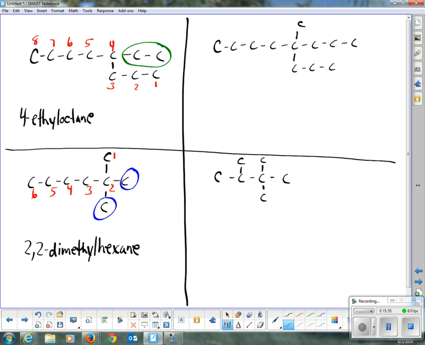Okay, going on to the next one. Longest chain. Okay, well, it doesn't matter which way I choose, but this probably will be the better way to choose. Remember, again, I don't want to pick necessarily the straight chain. You could. It'll give you the same answer, but it's not necessarily always the longest. So we're going to use the green for the propyl group this time and the blue for the methyl group.